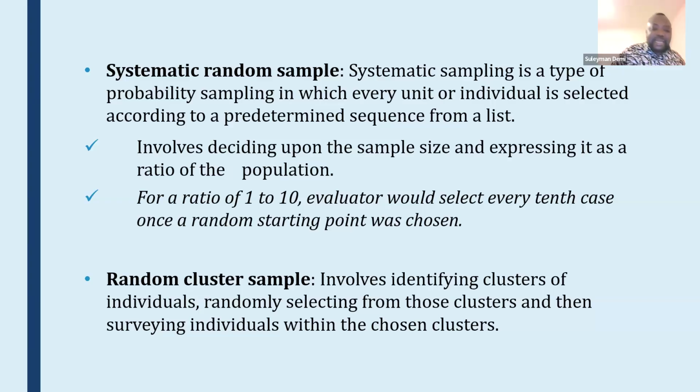Then we look at cluster sampling, right? It involves identifying clusters of individuals, randomly selecting from those clusters, and then surveying individuals within those clusters. Actually, as rightly mentioned, I want to look at sports injury.